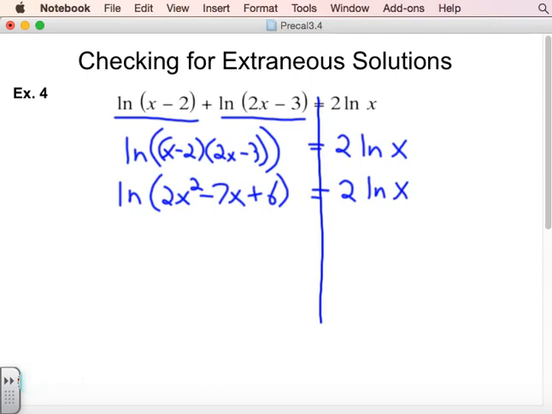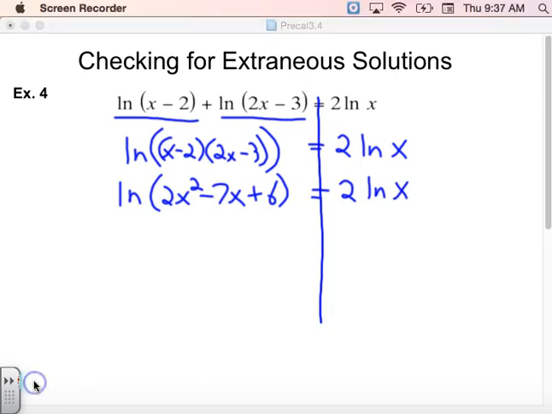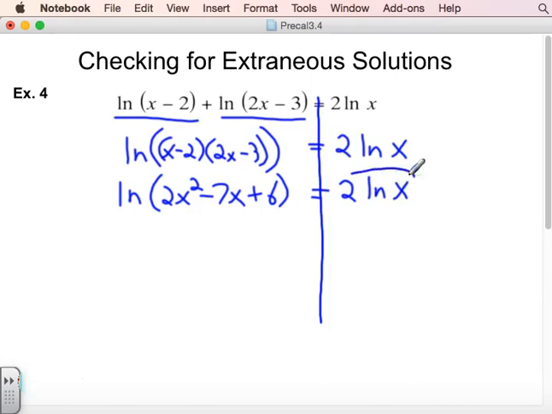At this point, we can use the power property on the right side to move the 2 to be an exponent on the x, because we want just the natural log of something. I'll erase this one to save myself from writing the entire right side again, so make that natural log of x squared.